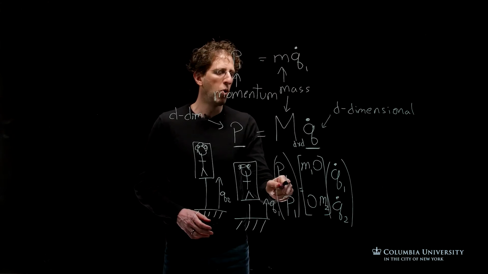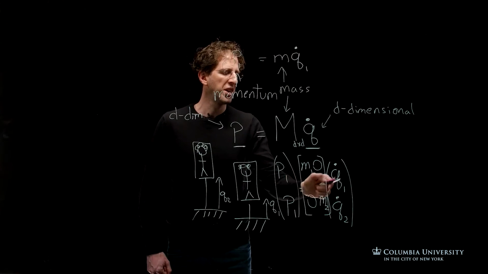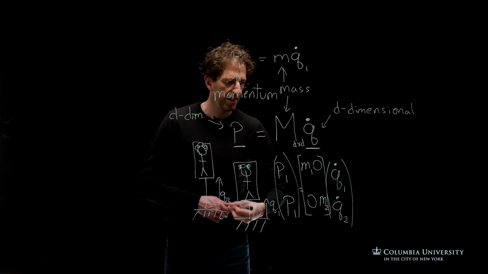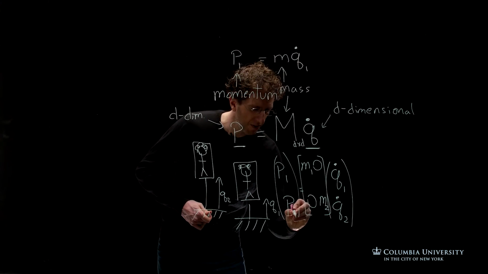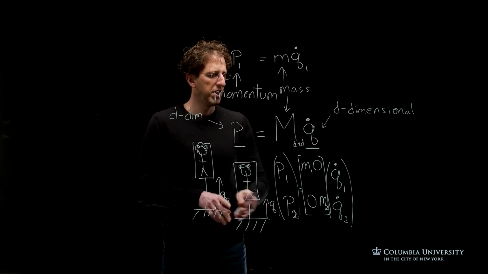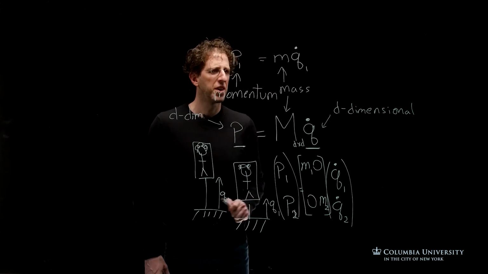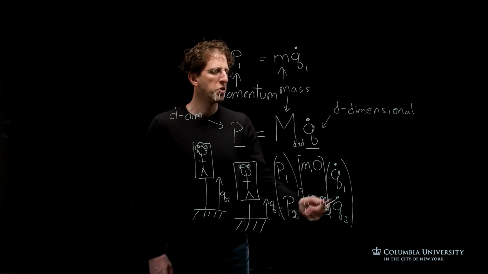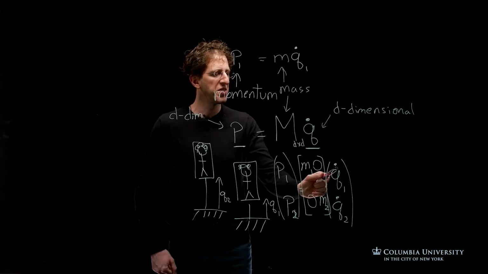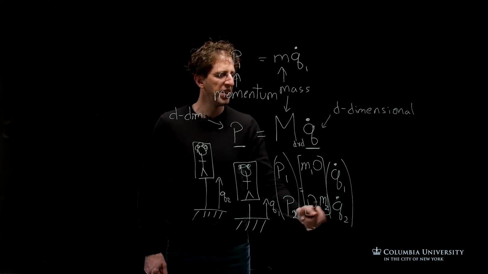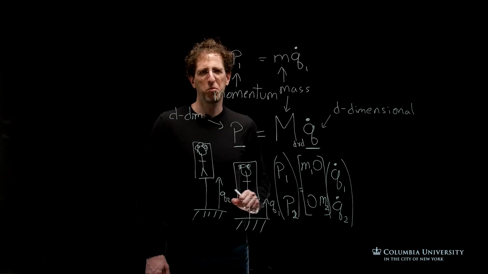In other words, P1 is equal to M1 q1 dot, and P2 is equal to M2 q2 dot. There's no communication between this velocity and this momentum, and this velocity and that momentum.